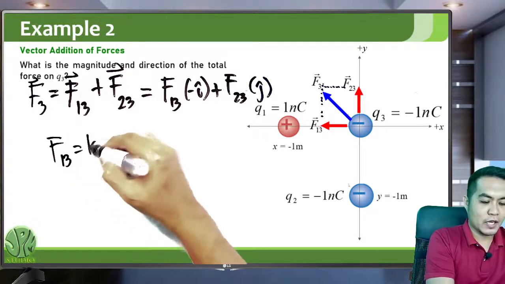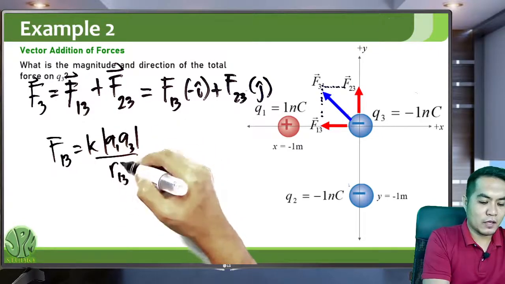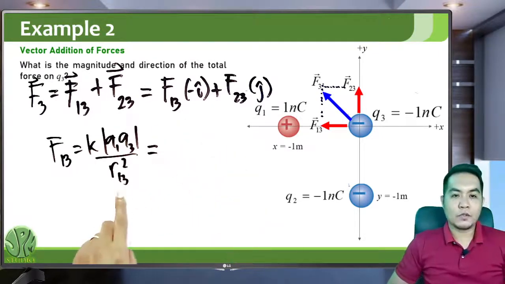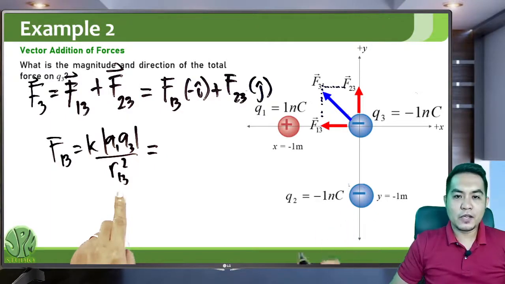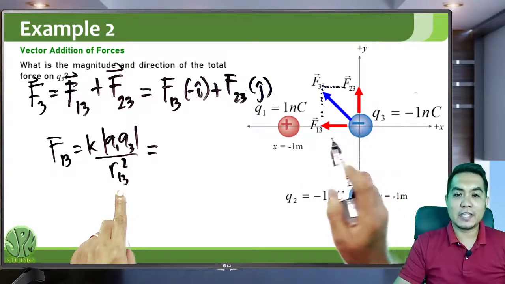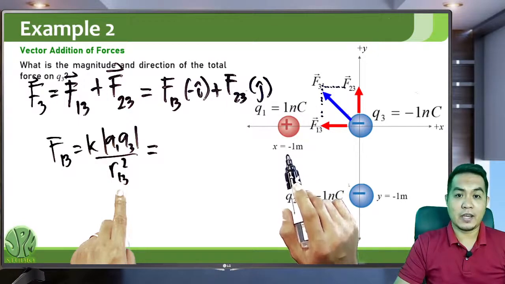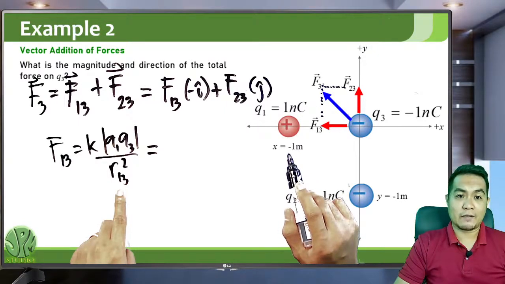F13 is just K, absolute value of Q1, Q3 over R13 squared. So Q1 and Q3 are given, their magnitudes are given. R13 is the distance between Q1 and Q3, and in this case, it's obviously 1 meter because Q1 is at x equal to -1 meter.